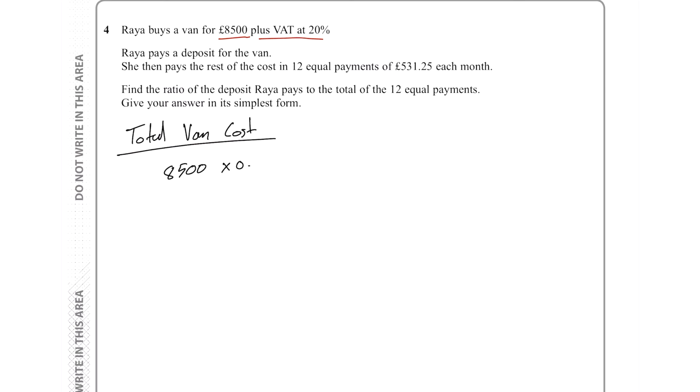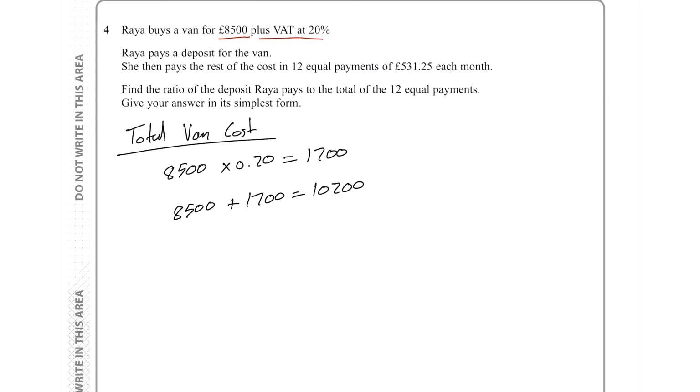So what we can do is find 20% of 8,500 and then add that on to 8,500. If you type that in your calculator, you'll get 1,700. So that means the total cost must have been 8,500 that she paid plus the 20% VAT, which brings the total cost to £10,200.